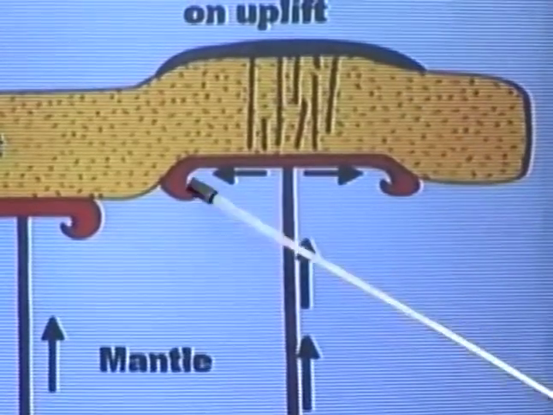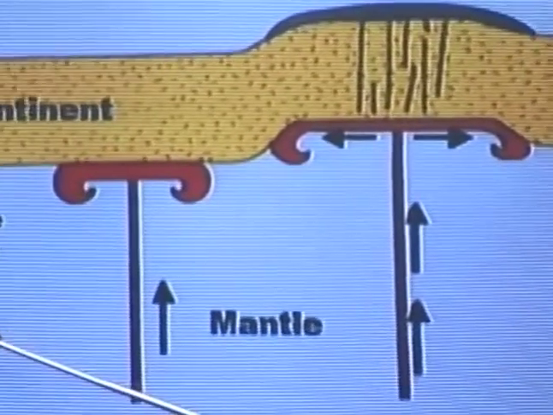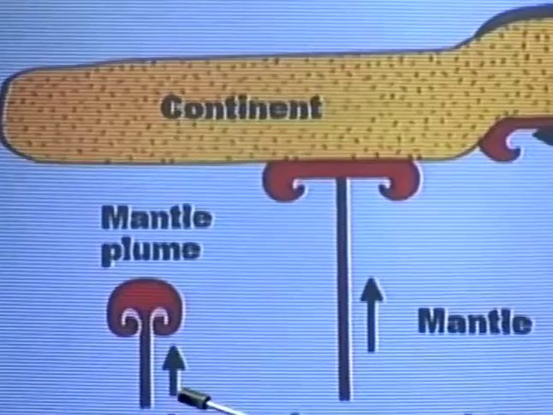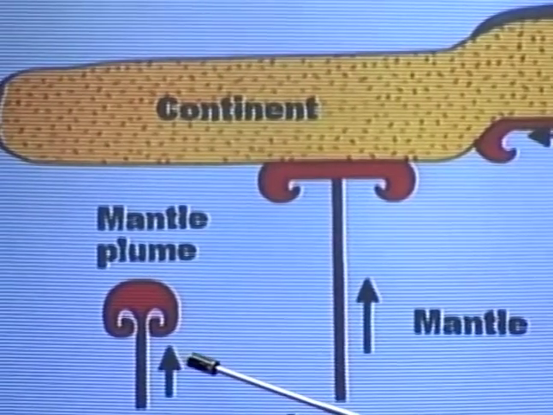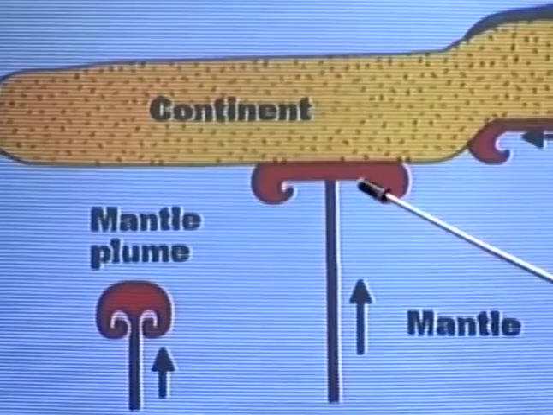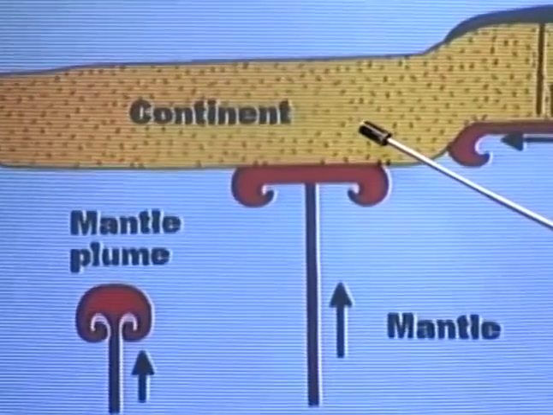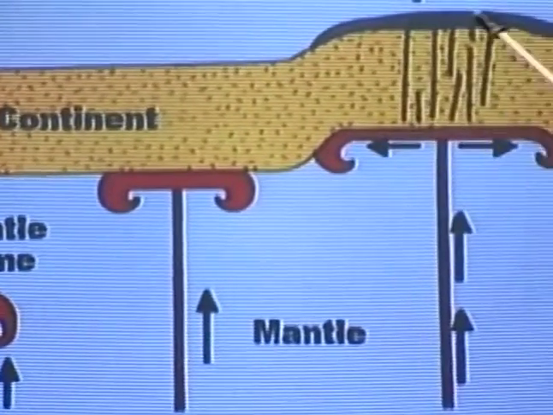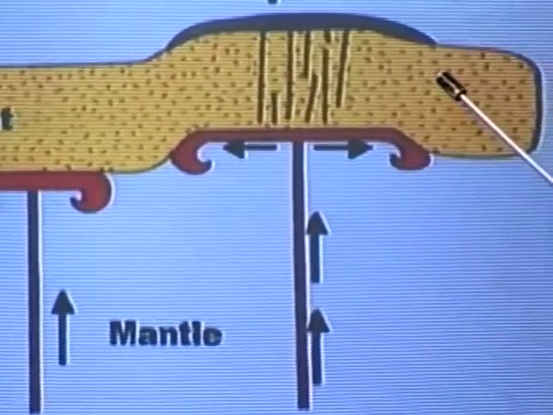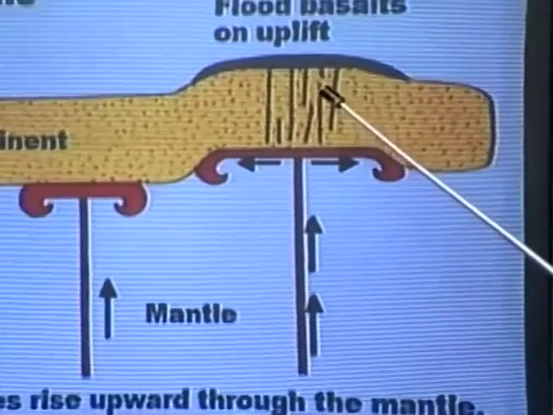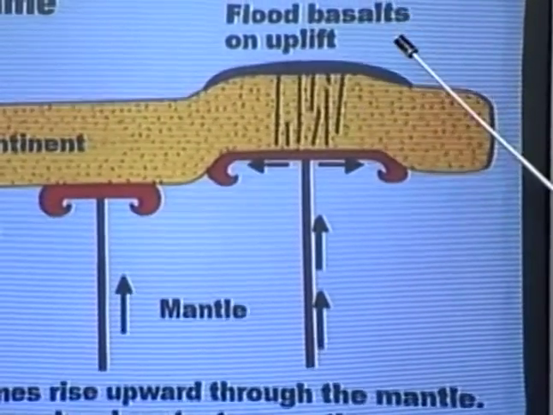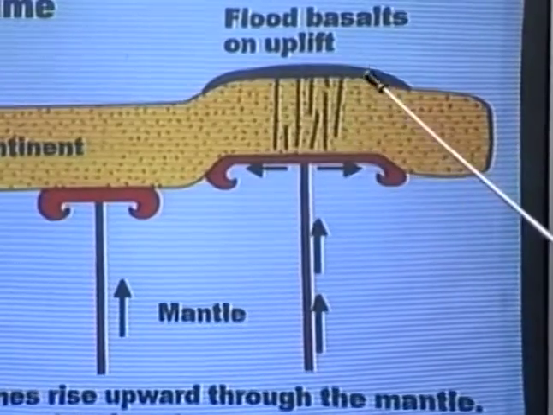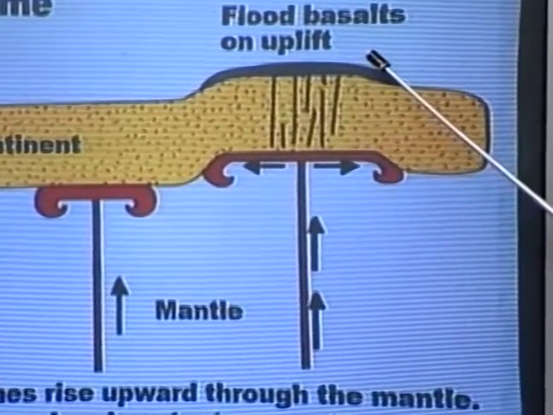So you see the head of that mantle plume starts off here, and it is carried up towards the surface through the process of convection currents. When the head reaches the continent, a doming is created, and where there are cracks or fissures, the magma flows out onto the surface as basalt solidifying, or a volcano being formed.